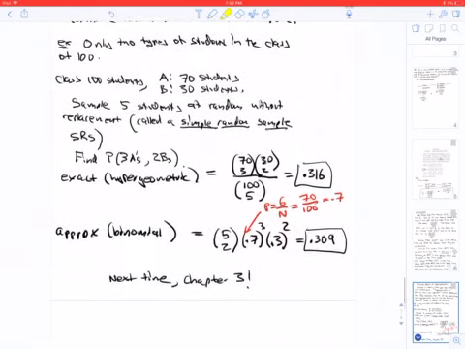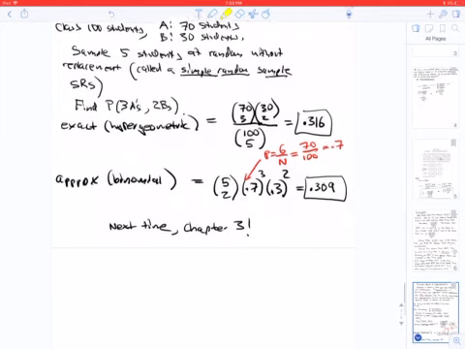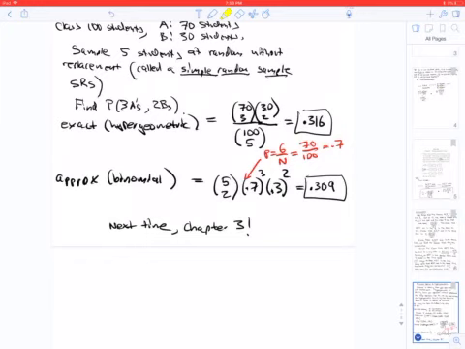So here's an example. Only 2 types of students in the class of 100. The class of 100 has 70 students getting an A and 30 students getting a B. Take a sample of 5 students at random without replacement, and find the probability that you get 3 A's and 2 B's. So the hypergeometric formula gives you the formula shown there.